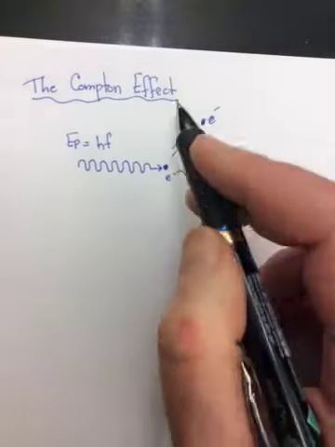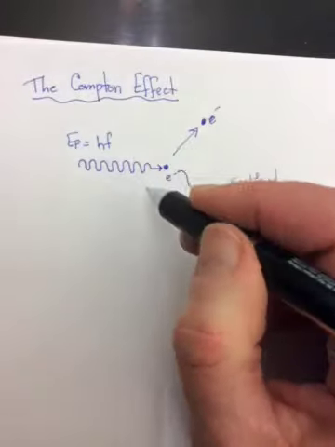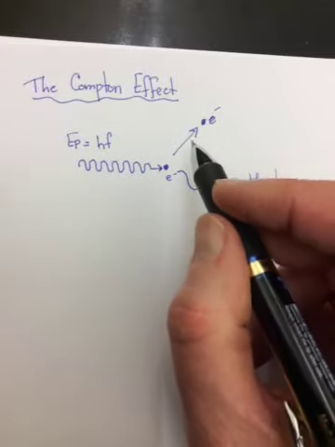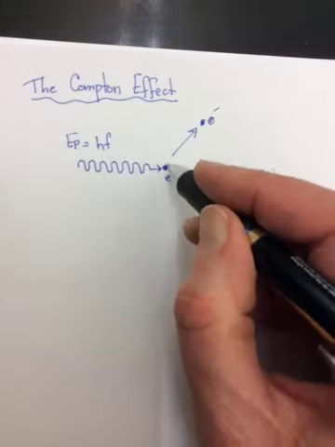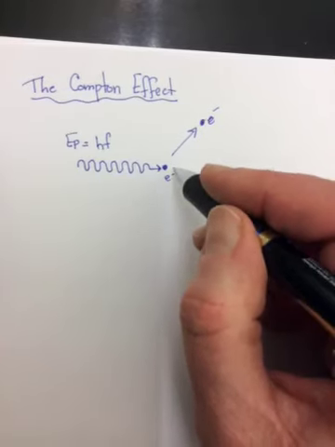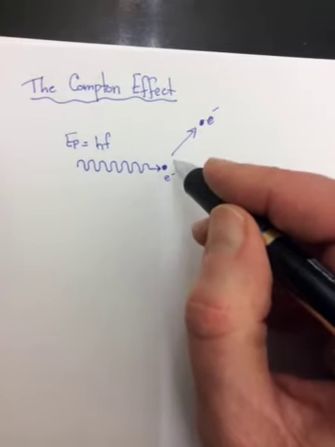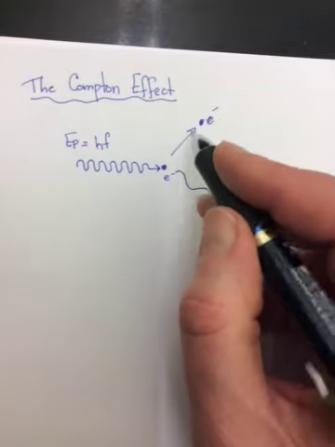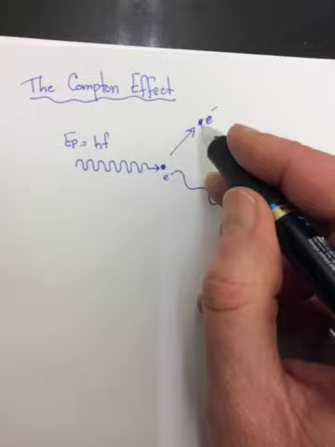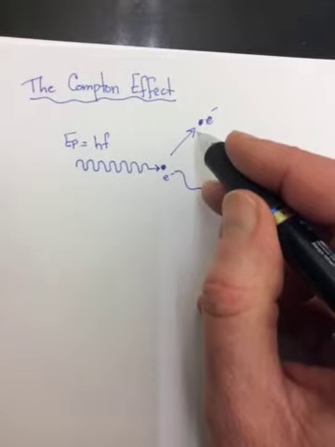Okay, now when Arthur Compton looked at this, it was like, okay, wait, something's wrong here, because this electron was just sitting here, didn't have momentum or kinetic energy before the collision, and now it goes off with both kinetic energy and momentum.